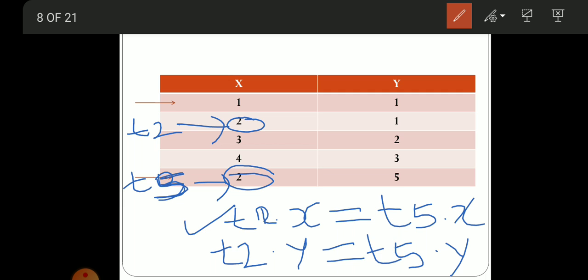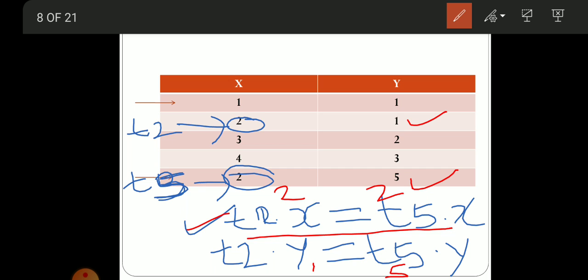Let's check. Now the y of t2 has the value 1 and the y of t5 has the value 5. Means we are getting different values for the same value of x. Here in this condition we are getting 2 and 2, but in this condition we are getting different values, 1 and 5.